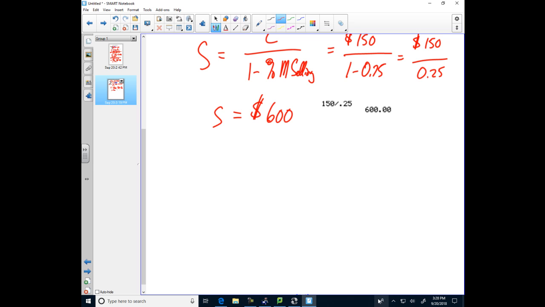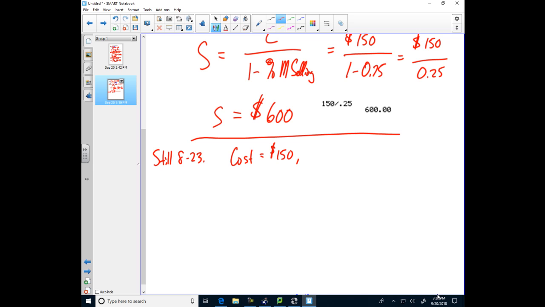Same problem. The last sentence says, calculate the selling price based on cost. So, just like before, this is still 823. So what do we know? We still know the cost, don't we?